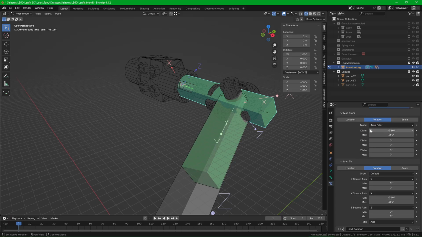So this part here defines the ranges, right? And this part here defines what channels you're getting it from. And like I say, the ranges, if I'd put minus 180 to 180 here, it would move 2 times as fast.